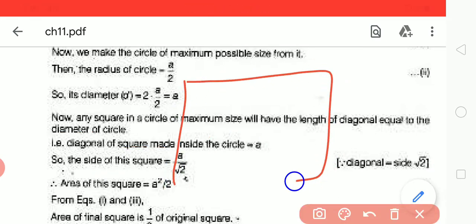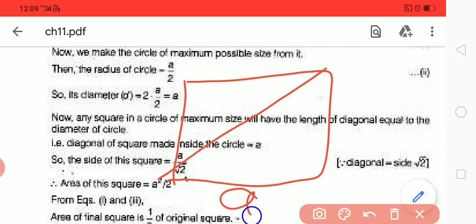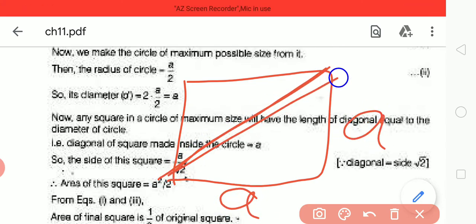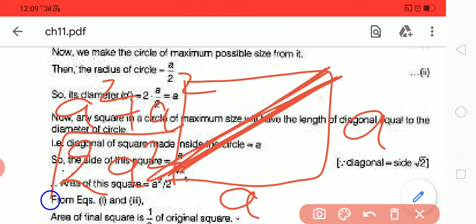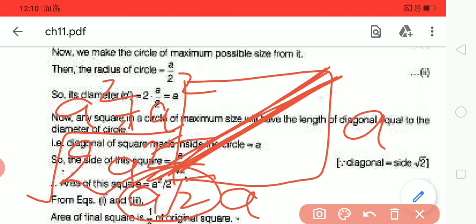Because if it is a square and this is the diagonal, this is A and this is also A, you can find this one is A square plus A square, that is 2A square. And if you find out this diagonal, you have to take the square root of this. A square and square root will cancel out, A will come outside, and root 2 will remain inside the root. So this is A root 2.